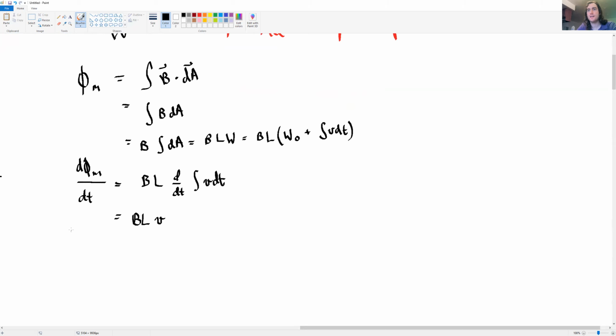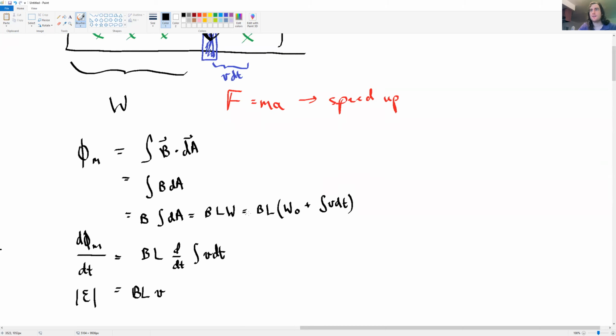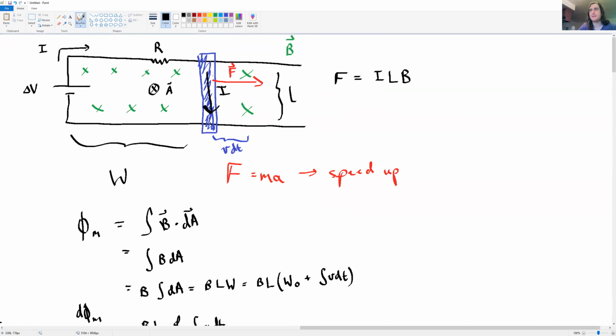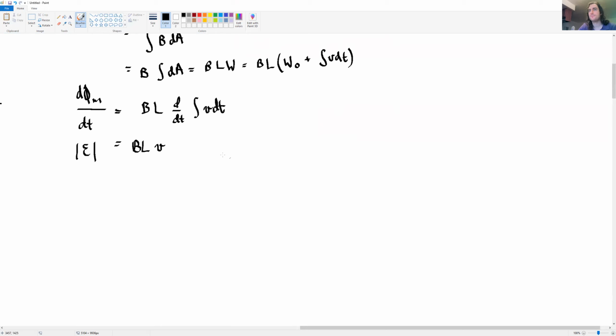So this is going to be the induced voltage, basically, if we were to take a magnitude. So the magnitude of the induced voltage is BLV. Of course, that's going to be in the opposite direction to this current here and this potential difference here. Okay.